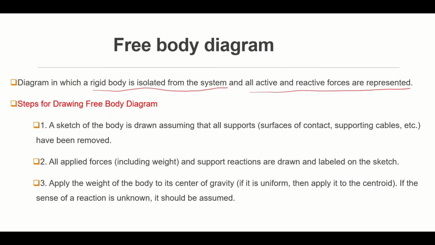For example, I drew a ground, a floor. I am just keeping a weight of 10 kg on this particular floor. You know the weight always acts downwards. When the weight acts downwards, the floor exerts a force in the opposite direction. This is the reaction.